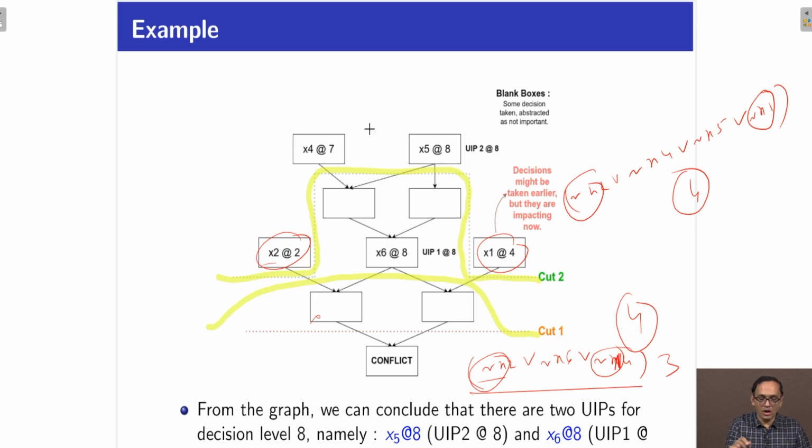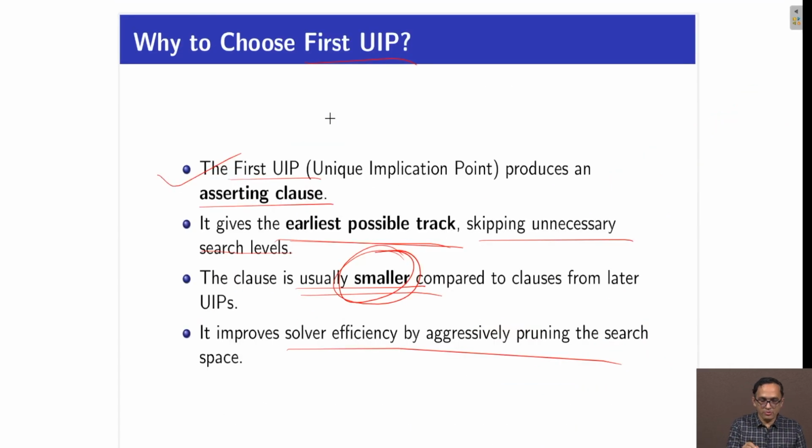If you go up, this root node also comes into the picture. In this cut, I do not have to take this root node, but when you go up, the other literals also come in, because this is getting rewritten as you go up, right. That is why I told you that if you take the first UIP, it will give you a smaller clause.